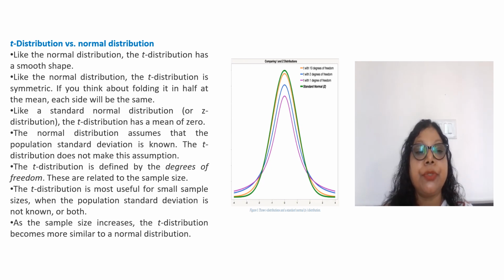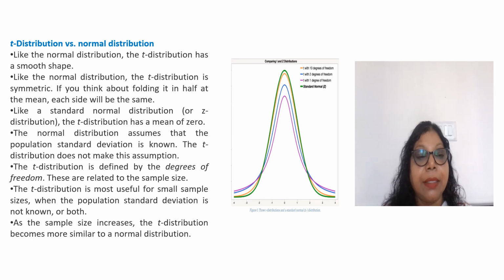The normal distribution assumes that the population standard deviation is known, while the t-distribution does not make this assumption. The t-distribution is defined by the degrees of freedom, which are related to the sample size. The t-distribution is also most useful for small sample sizes when the population standard deviation is not known, or it can be both cases.